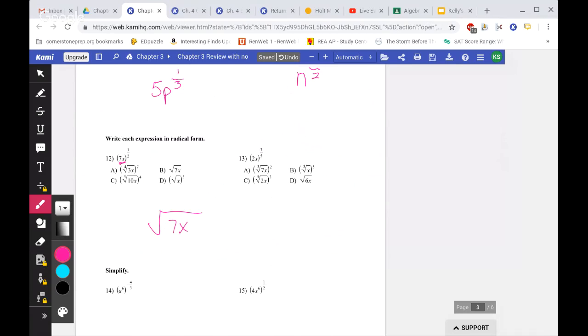And the numerator is also a 1, so it's not going to be raised to an additional power. So the answer is B. Is that what you said? Yeah. Okay, cool. All right, so for 13, you're going to write what's inside the parentheses underneath the radicand. And then what goes in the check mark is the denominator. So that's the 5. And then that's raised to the third power.